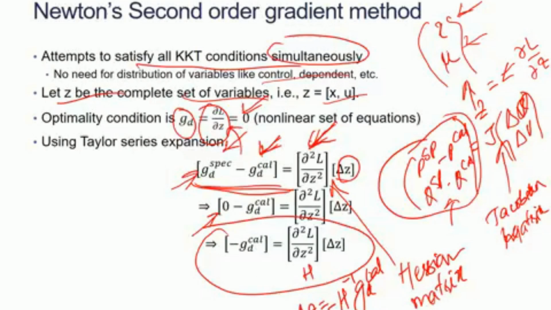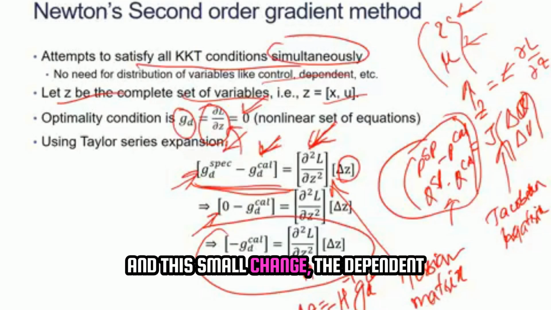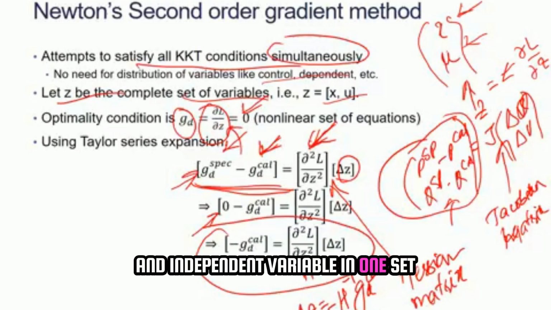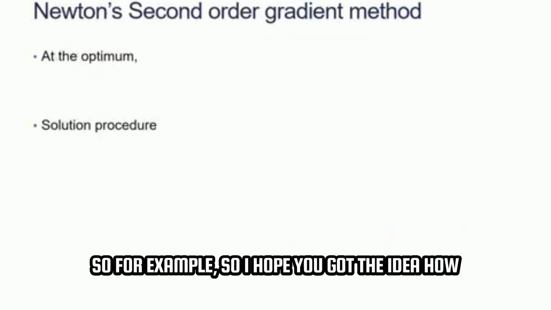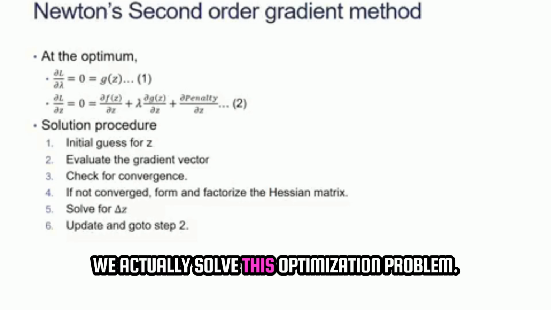So this is a very simple way of doing it, and this small change of including all the dependent and independent variables in one set has resolved a lot of issues. I hope you got the idea how we actually solve this optimization problem.